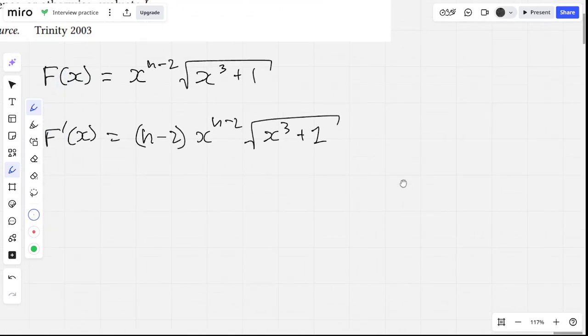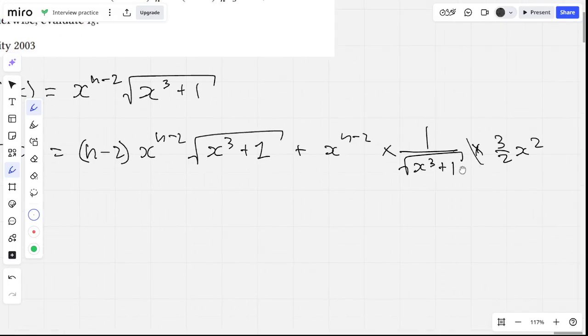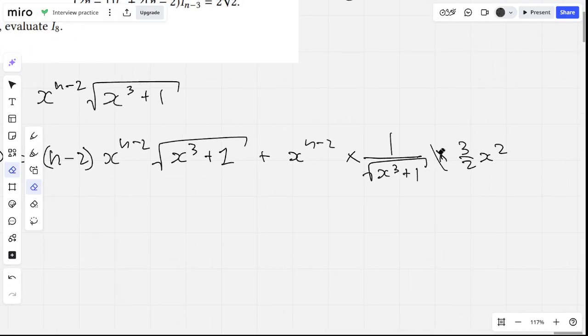Otherwise, not only is it going to be quite embarrassing, but also I'll be forced to do everything all over again. x to the n minus 2. And now this is going to be, I apologize to all those who don't like the way I am differentiating this, times 3 over 2 x squared.